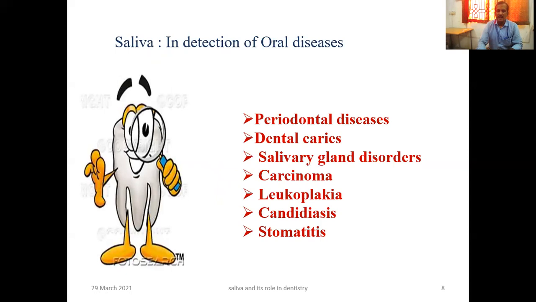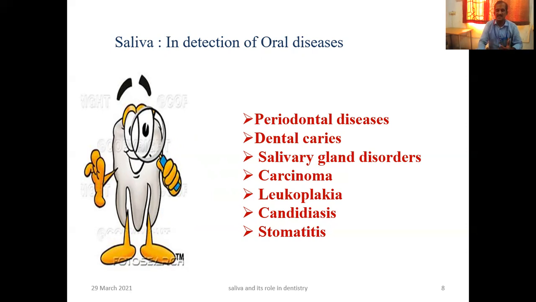So the oral diseases, okay. Suppose a simple tooth decay, dental caries, or a periodontal disease. Periodontal disease is a disease associated with the gums, the adjoining structures seen around the tooth. That is the problem with the gums.